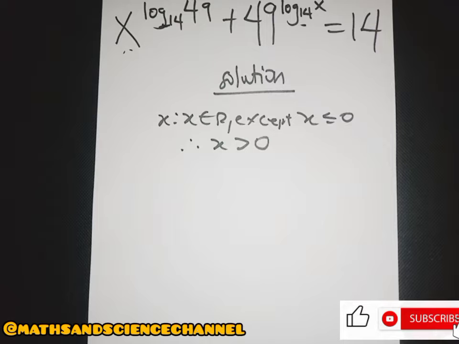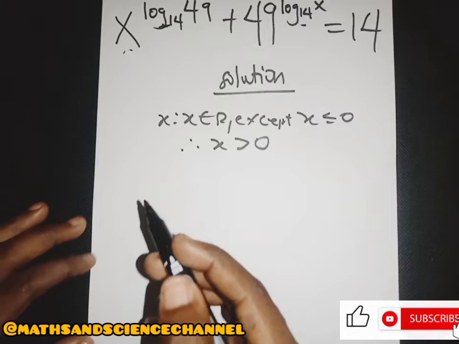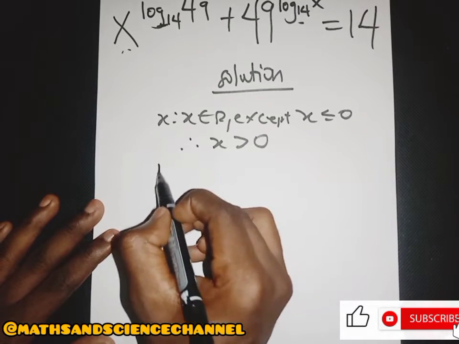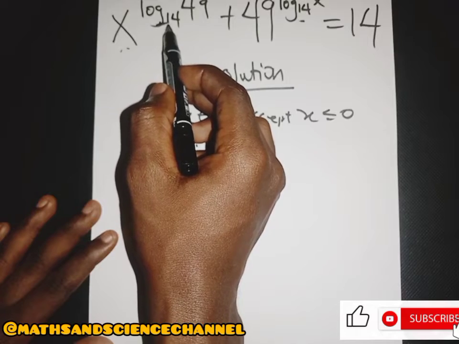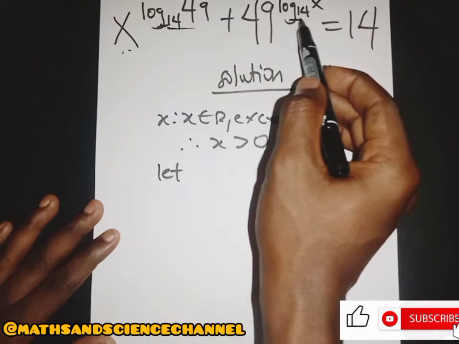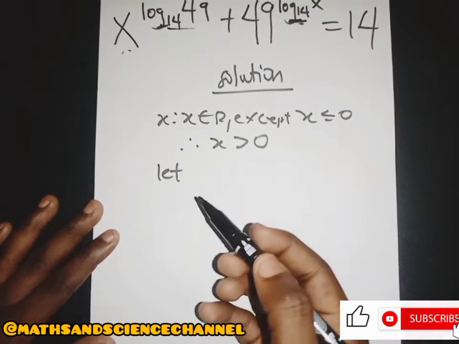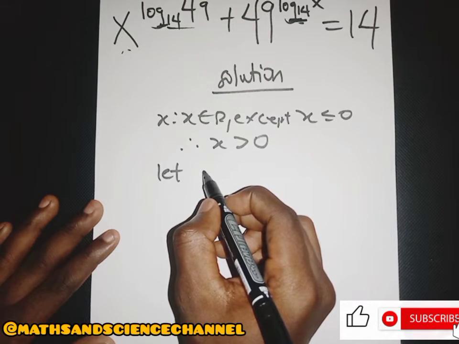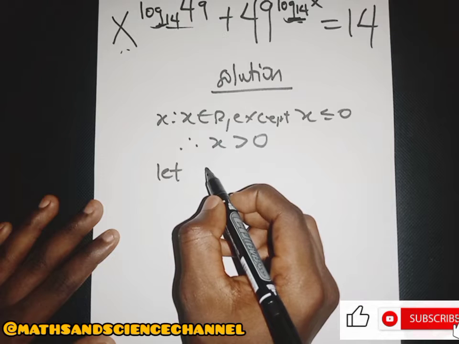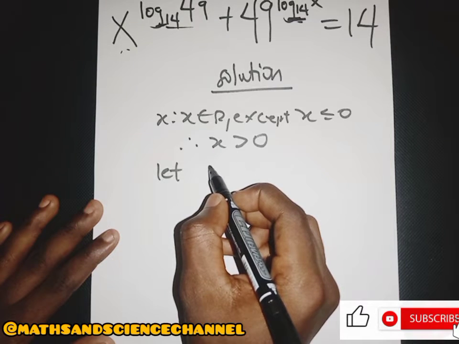So what we are going to do is use substitution. Because we have this exponent here, and also this exponent here, we are going to substitute it with some variable. Let's use y and x in this case.